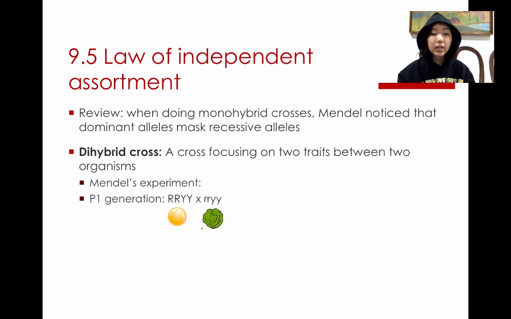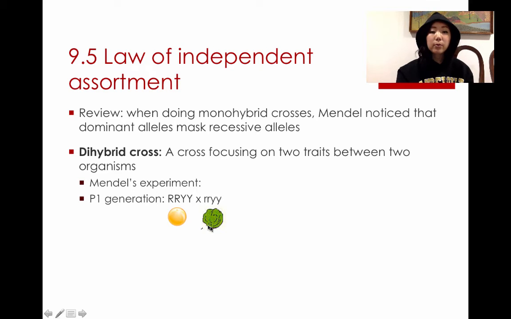So in his experiment, he started with the P1 generation, which just means the parent generation, where he had two homozygous organisms, and they're both homozygous in different ways for both traits. So one of the parents was homozygous dominant for both its color and its shape.